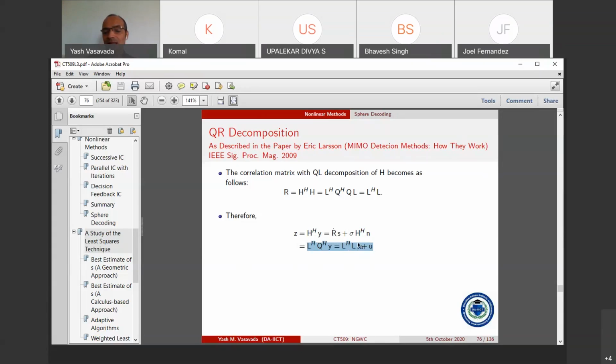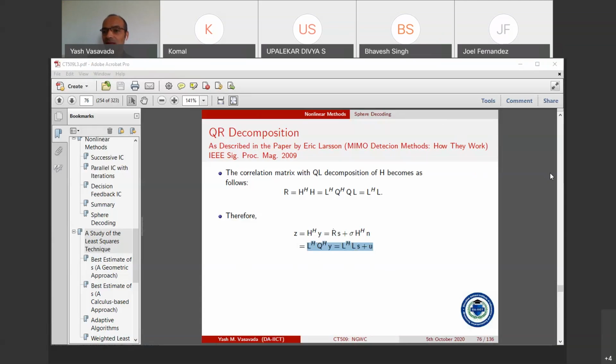So this highlighted line is not sufficient still. I have to do one more mathematical operation on this highlighted line so that it turns into a form which I want. And I'm asking you, what is that operation that I will have to perform?